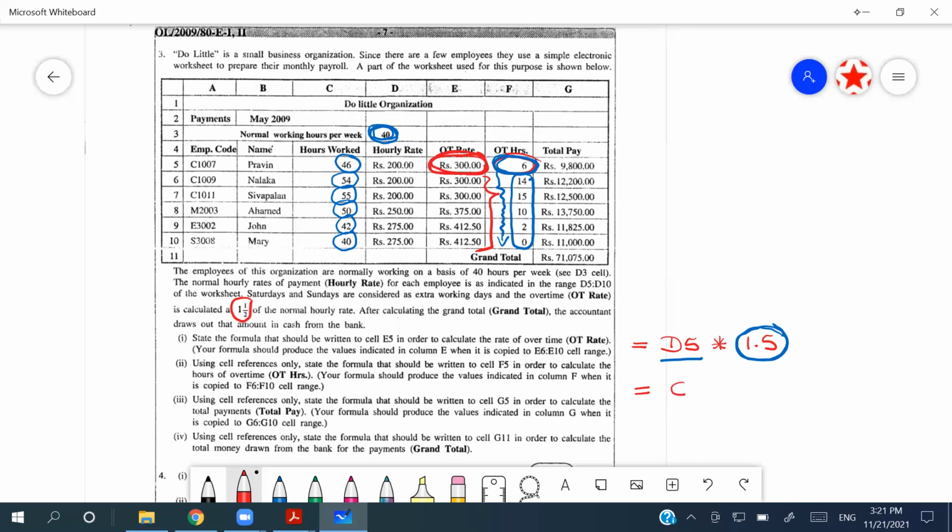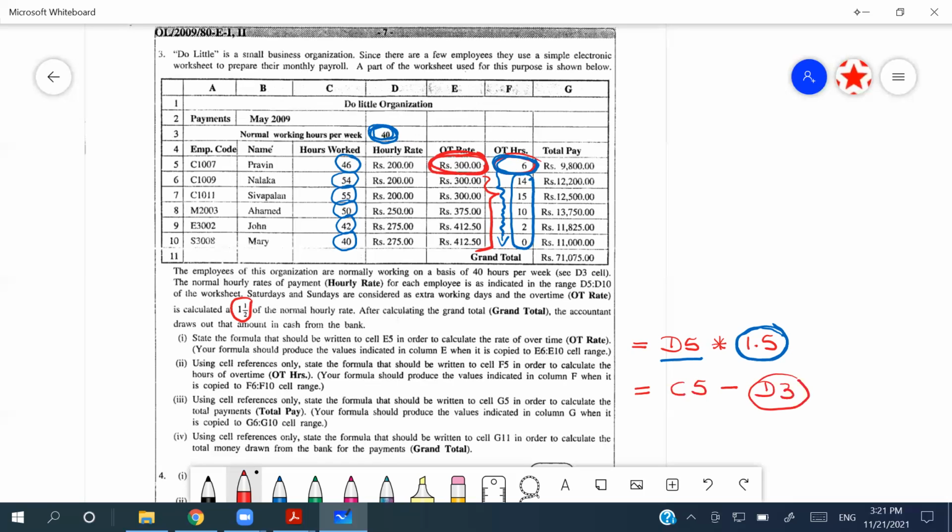So you can write what? The total working hours are in C5. It should be reduced. D3 actually should be reduced by C5. But the problem is we are going to copy this from F6 to F10. So when you are doing that, this D3 should not change, right?